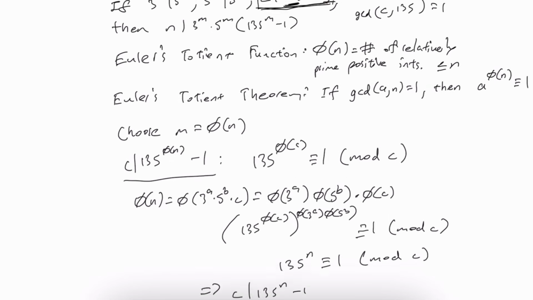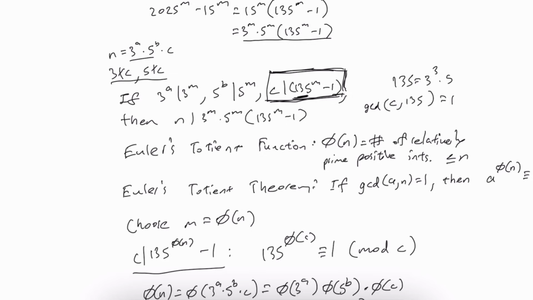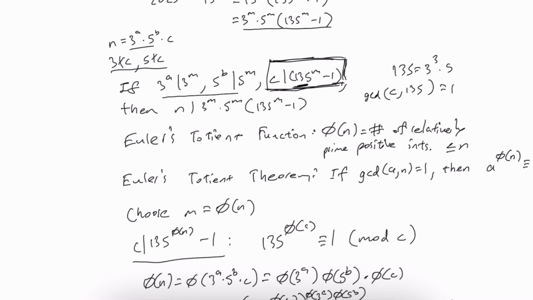Now the last two cases are to show that 3 to the a divides 3 to the m, and 5 to the b divides 5 to the m.